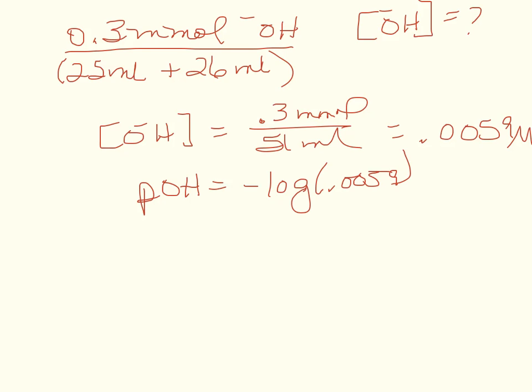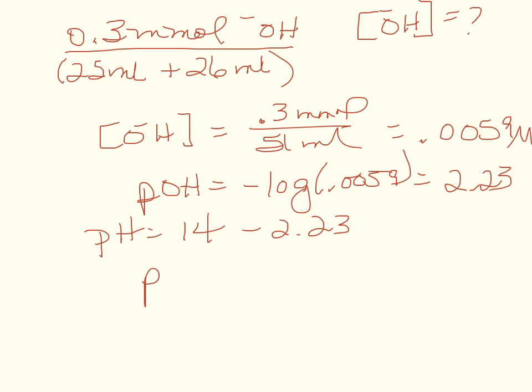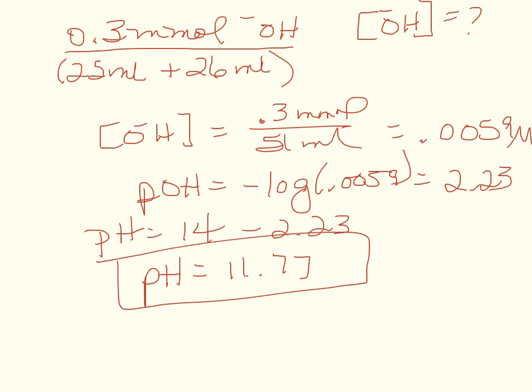And that gives you 2.23. So then pH would be 14 minus 2.23. And so our final pH is 11.77, okay, which you would expect. You've shot past the equivalence point, and so it's going to get rapidly more basic.